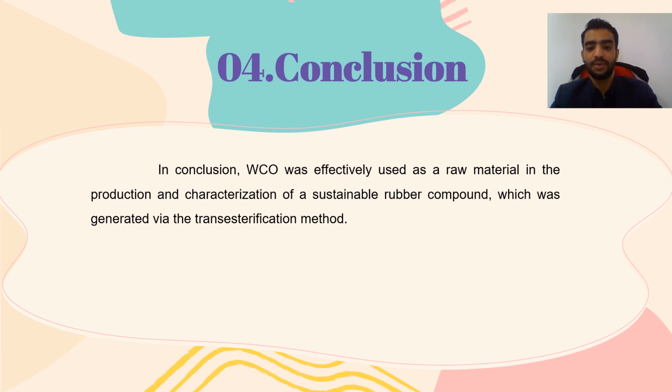It can be proven that the different types of rubber compound produce distinct infrared spectra, which is due to dissimilar bond stretching. However, the waste cocoa oil was effectively used as a raw material in the production and characterization of sustainable rubber compound, which was generated via the transesterification process.